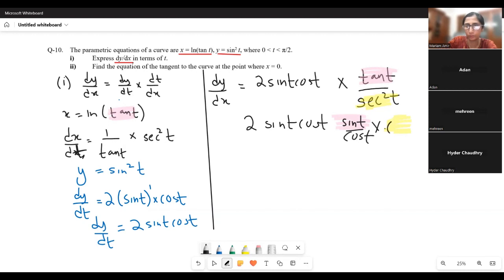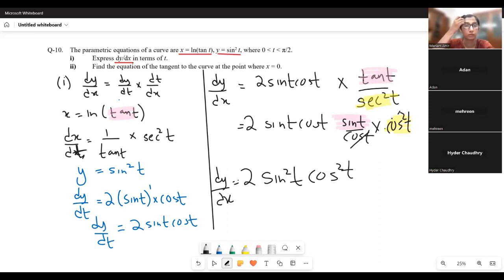Times cos square t. Cos in the denominator gets cancelled. So we have 2 sin square t and cos square t. That's dy over dx. Let me check the answer. That is correct. 2 sin square t cos square t.